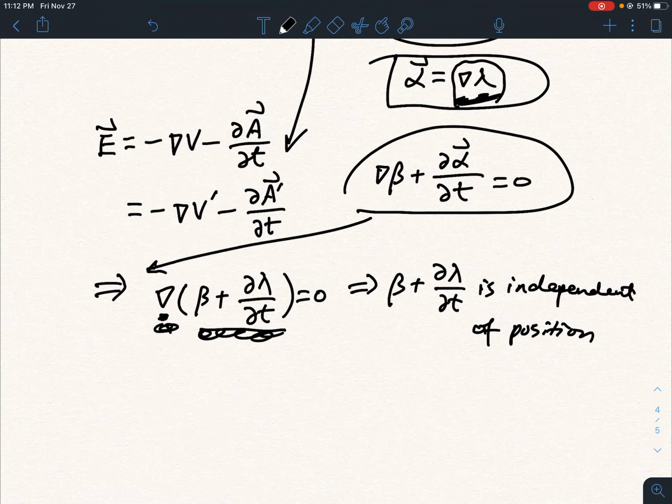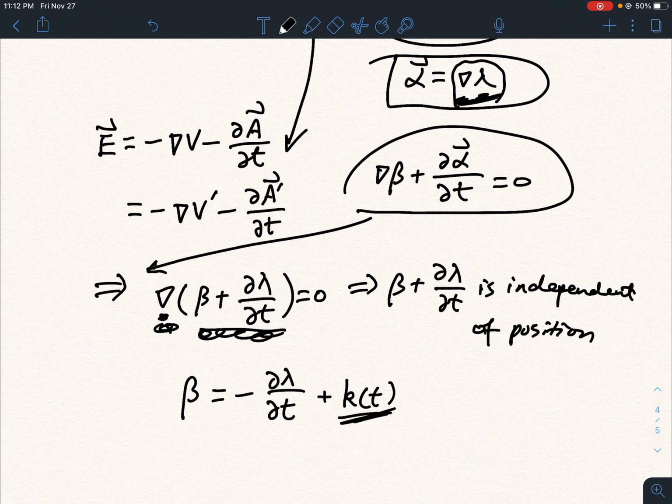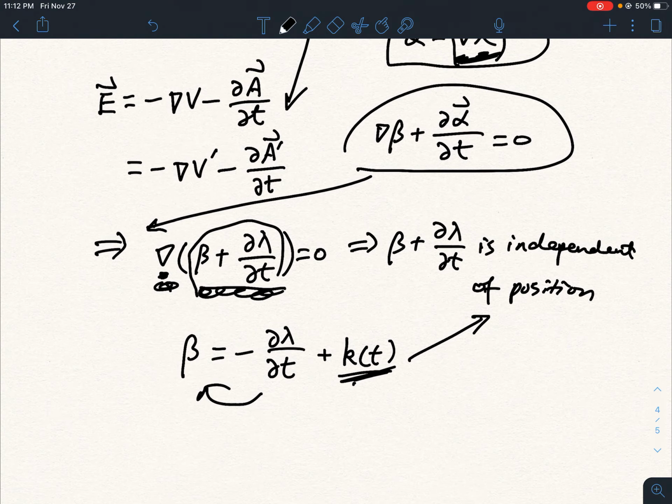So from here, that means this should be only a function of time or a constant, for example. In other words, this whole thing should be a constant or some function that depends on t. If you move it to this side, you have kt. It doesn't depend on the position, so it can be a constant. So what does that mean?